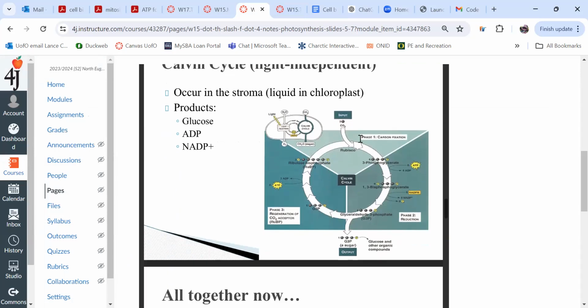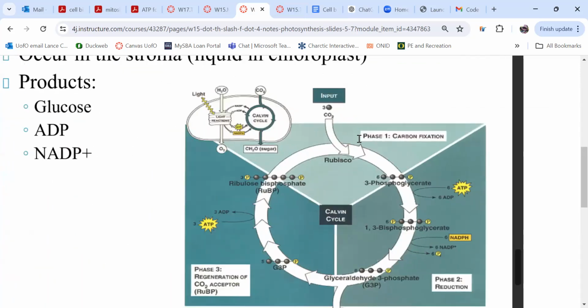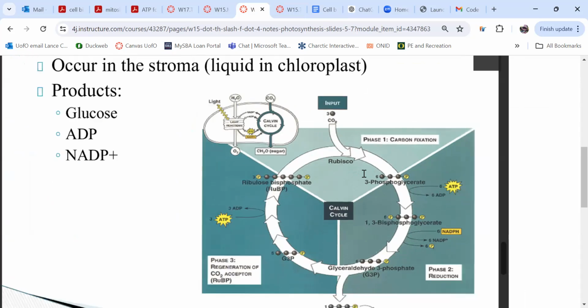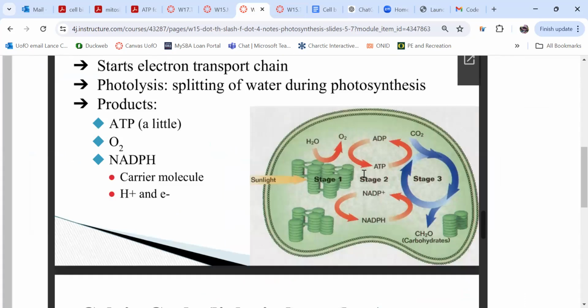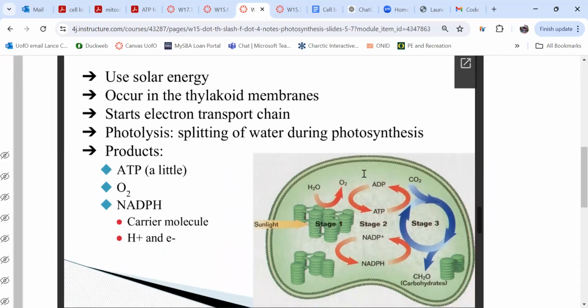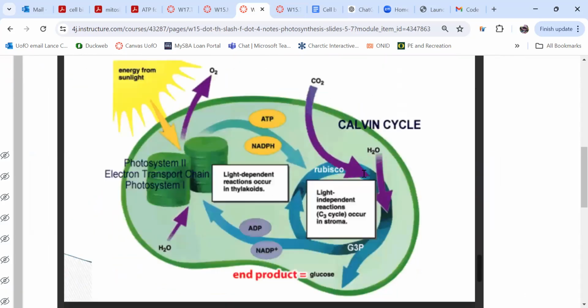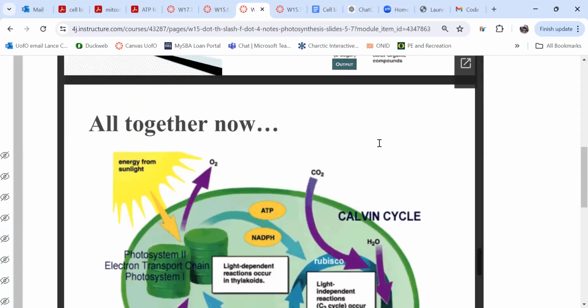For our light-independent reaction, maybe we can zoom in here. The input is CO2. Oh, it looks like, because you have the Calvin cycle here, make sure which one's the Calvin cycle. Okay, what is it? Electron transport chain, Calvin cycle. Let's do a clarifying question here.